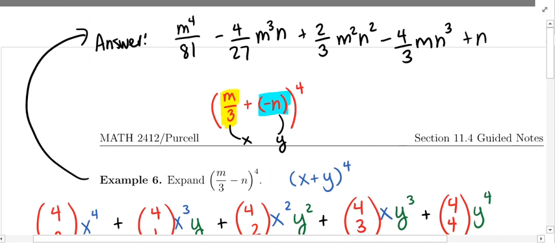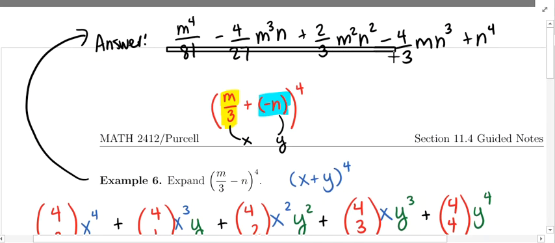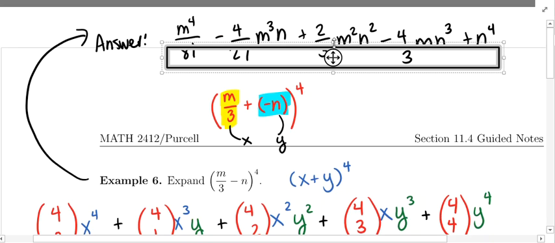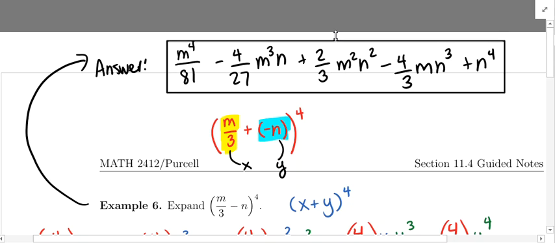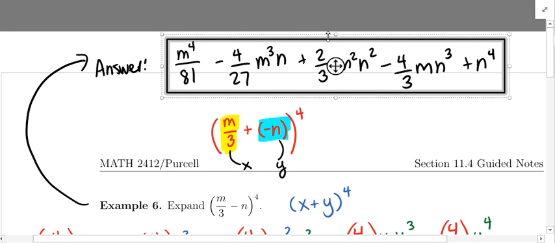Here is the expansion. Basically all you have to do when you're dealing with a more complicated binomial is do the regular expansion for x plus y to whatever power, and then you make the replacements. Wherever you see an x, you're going to replace it with the left part of the binomial, and wherever you see a y, you're going to replace it with the right part of the binomial.